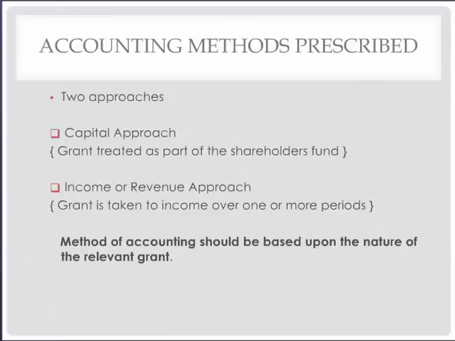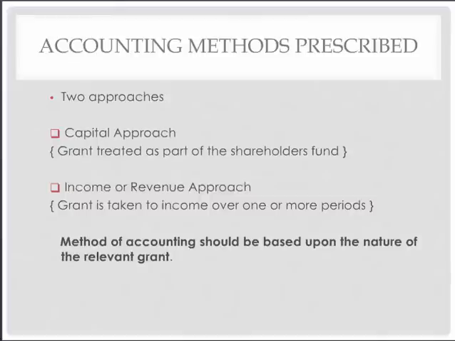The standard prescribes two methods of accounting: capital approach and revenue approach. Okay, capital approach says grant should be treated as part of shareholders' funds, whereas income or revenue approach says that grant should be taken to income statement, that is your profit and loss account, over one or more periods.